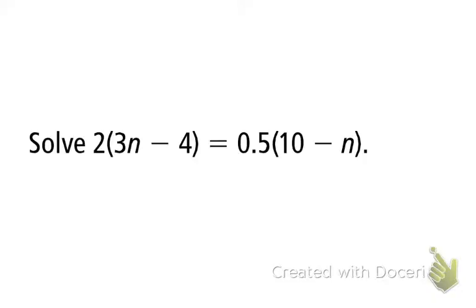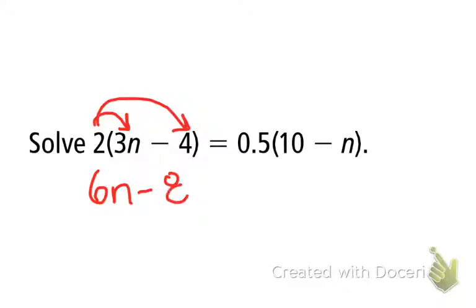Okay, this is your example 2 to write down in your notebook. Go ahead and solve this equation. You want to start by distributing the 2 on the left to simplify to 6n minus 8.